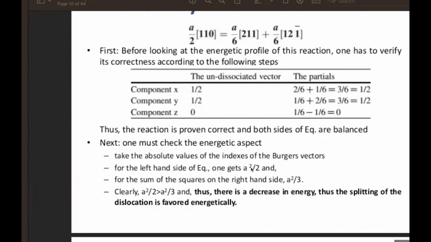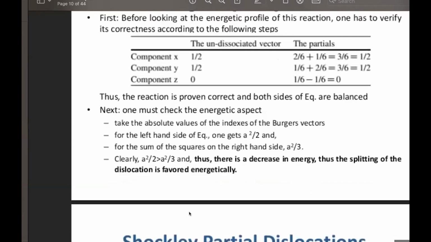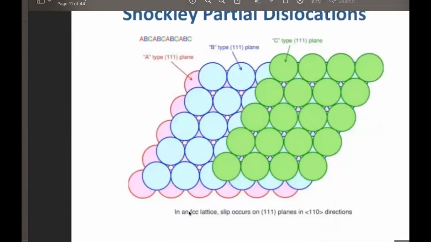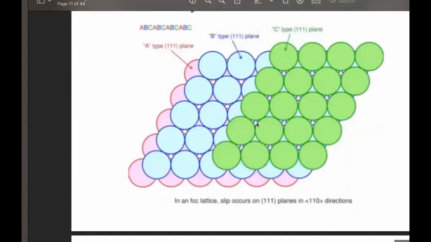So once we calculate the energy, we get 1/2 and 1/3. Clearly, 1/2 is greater than 1/3. Thus, there is a decrease in energy, and the splitting of the dislocation is favorable energetically. For Shockley partials, we know the stacking sequence.